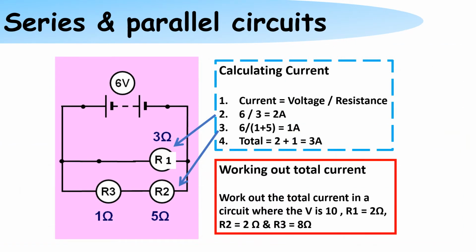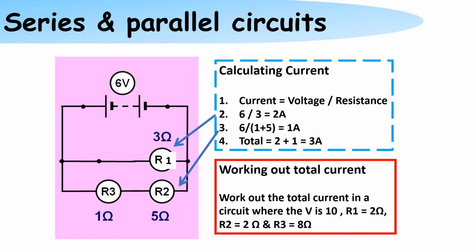In a parallel circuit, we are quite often asked to calculate the total current. We do this using the following series of events. We know that current is equal to voltage divided by resistance. So we need to go and work out the current flowing in each of the different arms of the circuit.